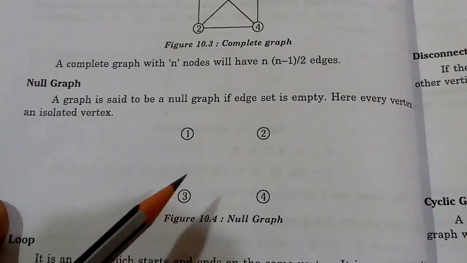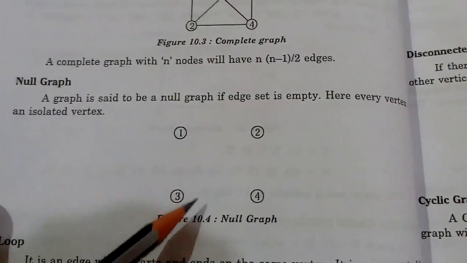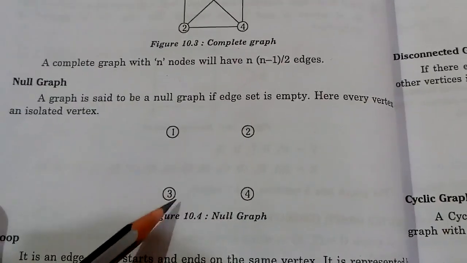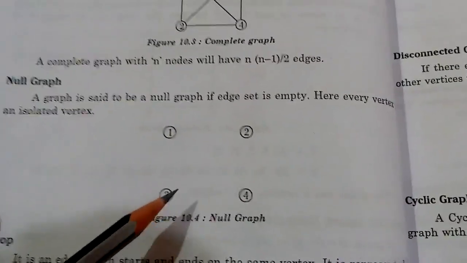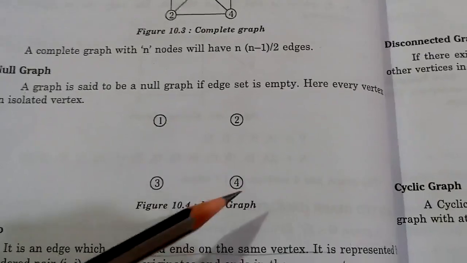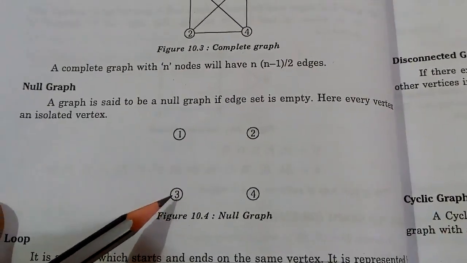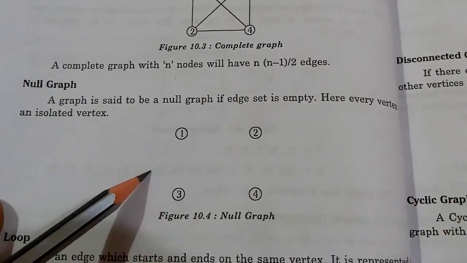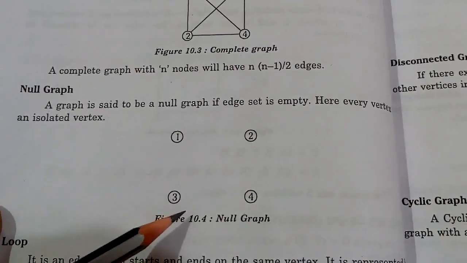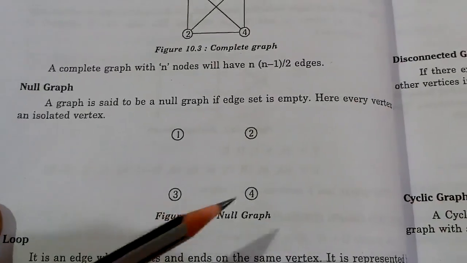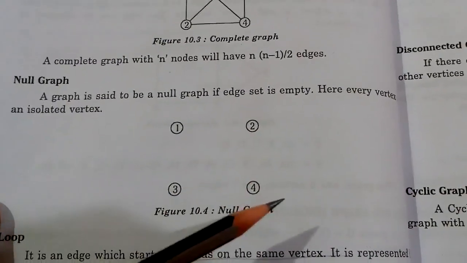Next, null graph. A graph is said to be a null graph if the edge set is empty. So it can also be called an isolated vertex.